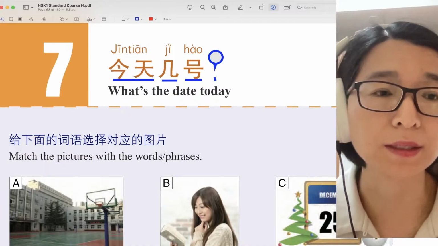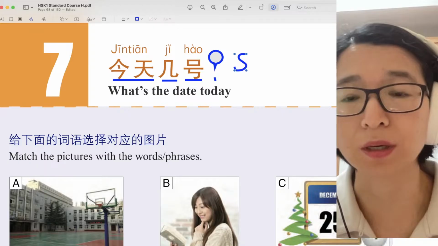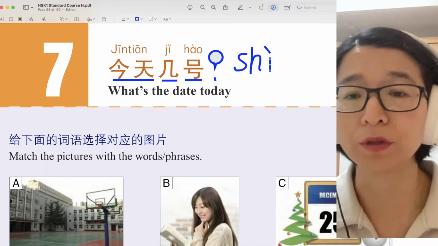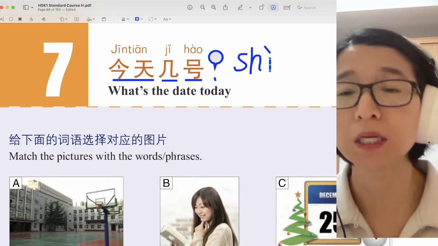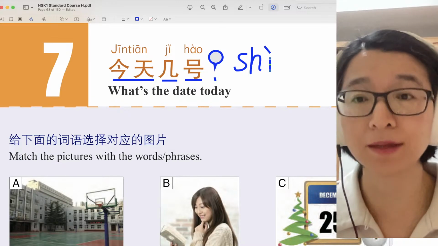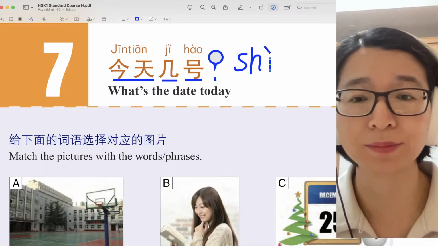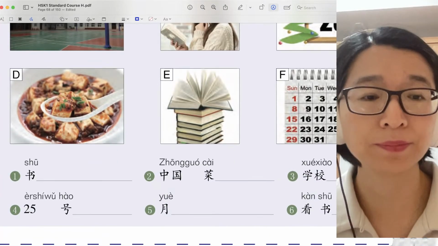So you can say 今天是, or you can omit it, because 是 here is optional. You can say it, you can choose not to say it. 今天是24号 or just say 今天24号. Yeah, that's it.